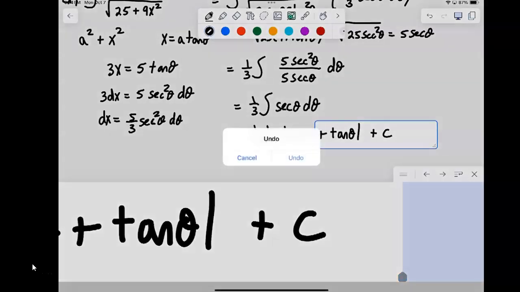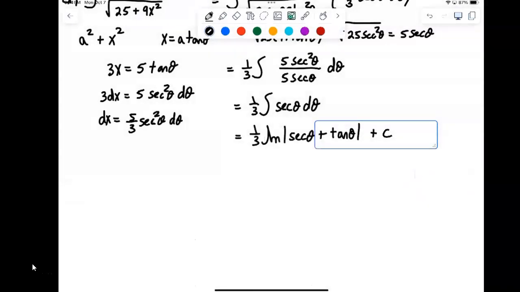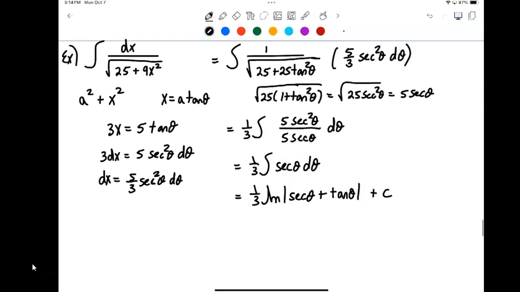And so now at this point we have done all the work we need to do to work out the integral. Now we just need to go backwards. And again, the key here was we had an a squared plus x squared format. So we did x equals a tangent theta, or in this case 3x equals 5 tangent theta. That lets us solve for dx, which we substituted in.